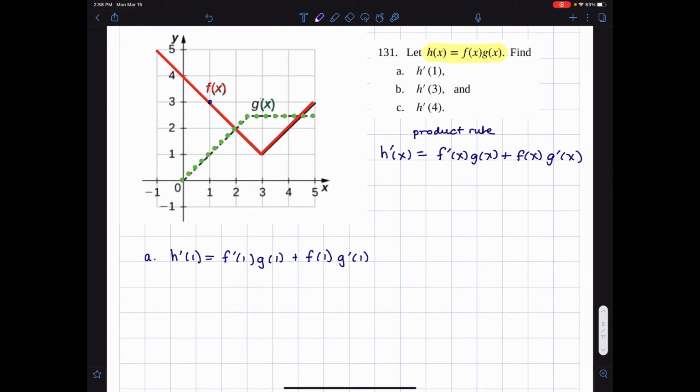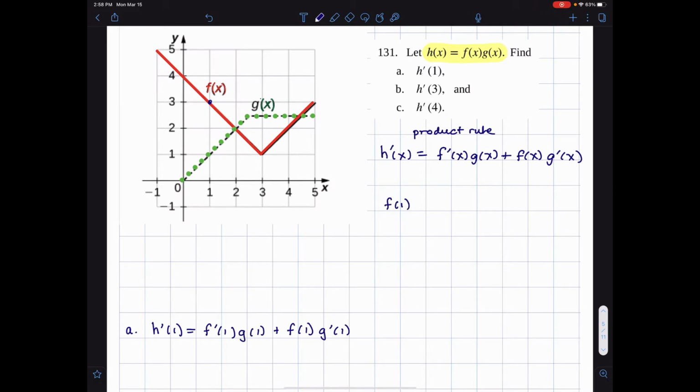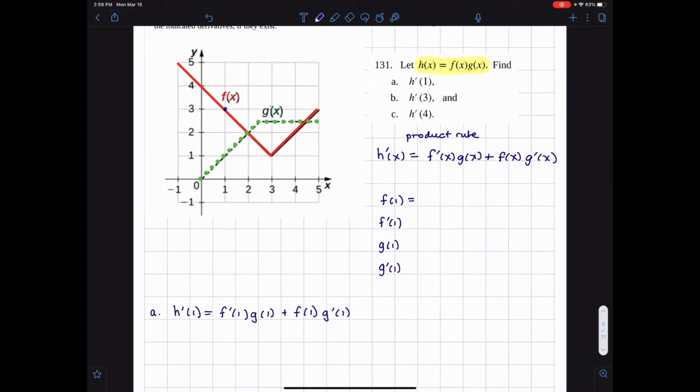Now, in order to do this, I need to make a little table or chart where I write down what f of 1 is, what f prime of 1 is, g of 1, and g prime of 1.